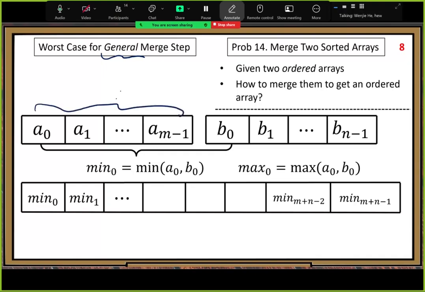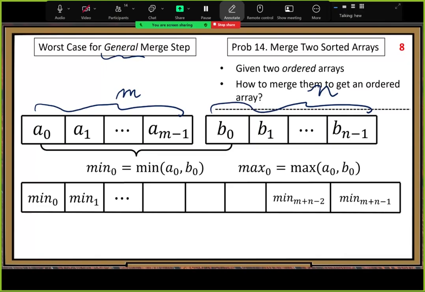The A subarray has m elements, and the B subarray has n elements. And m and n could be different. With this general merge step, the same analysis from the previous slide can still be used.